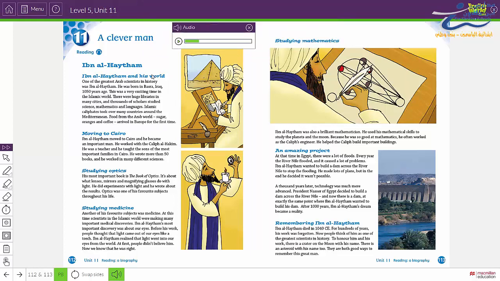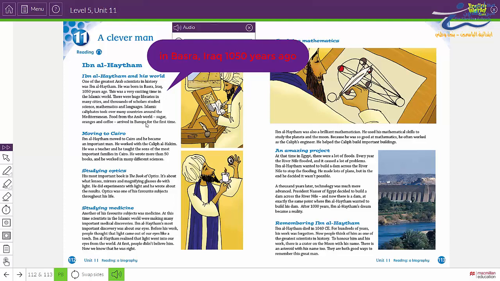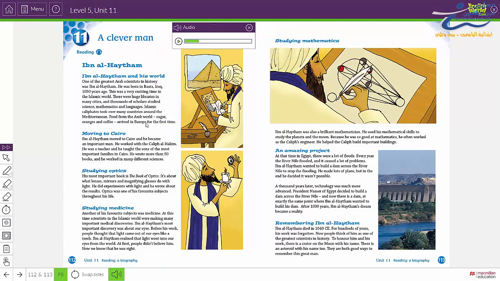Okay, question number 1. What was Ibn al-Haytham? Great. A scientist. Question number 2. Where and when was he born? Excellent. He was born in Basra, Iraq, 1,050 years ago. Question 3.